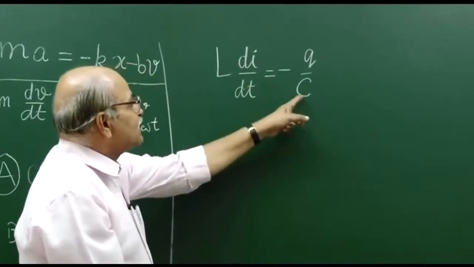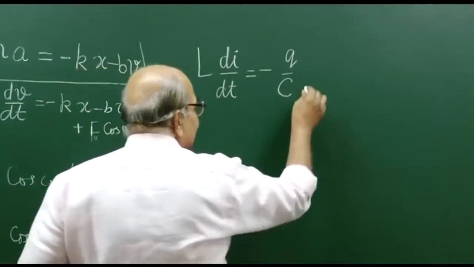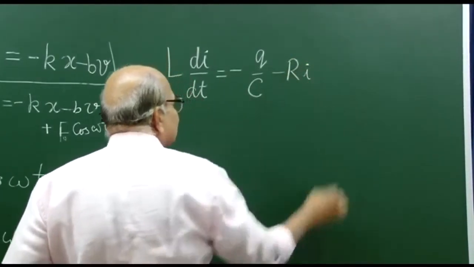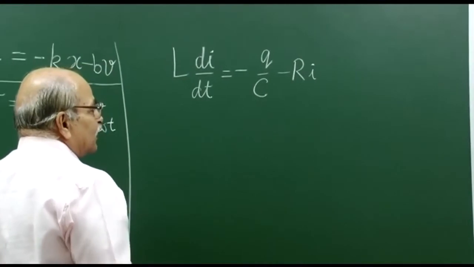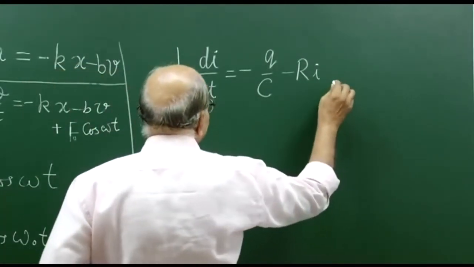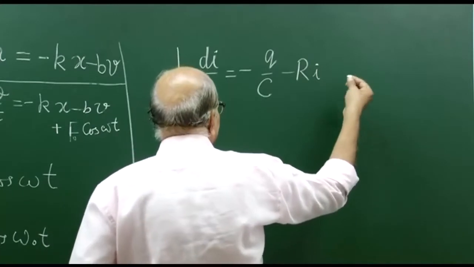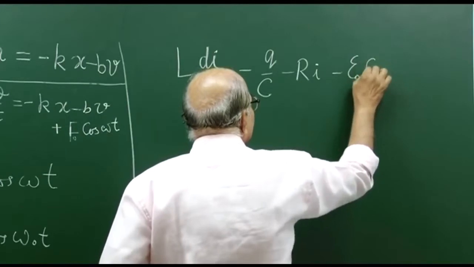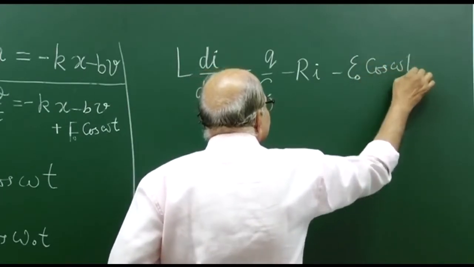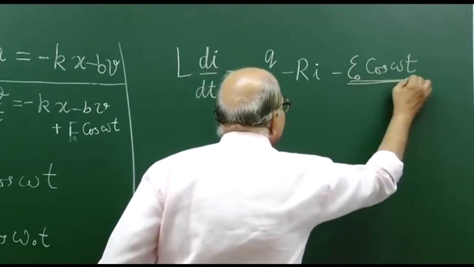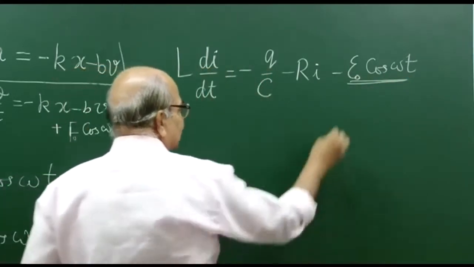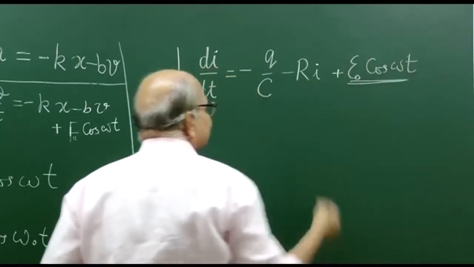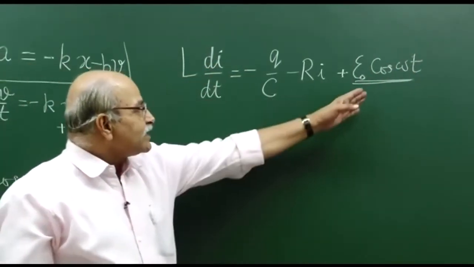The natural frequency is decided by L and C. And then you have this damping or dissipative term R times I. And now you have an extra term, E. So, I can write some E naught cos omega t. So, this is that external force which we are using, or you can put a plus sign, it does not matter, I am not writing the phase. So, this is that external thing.